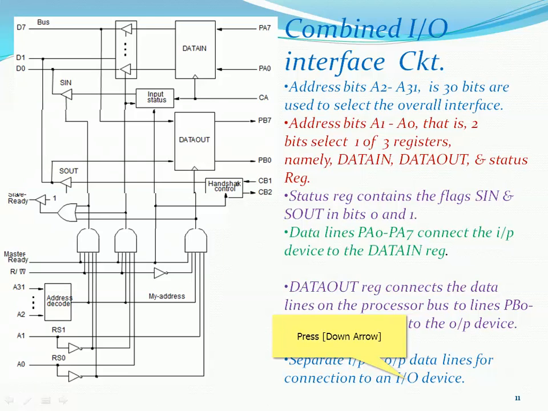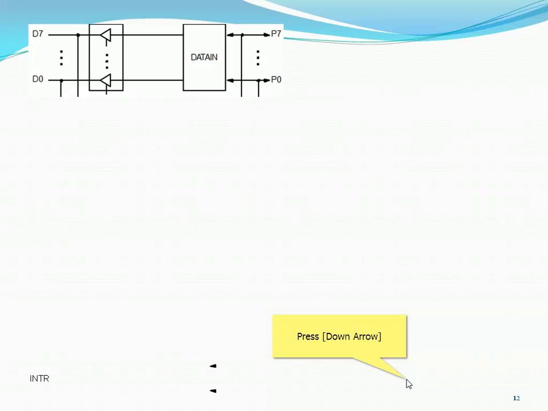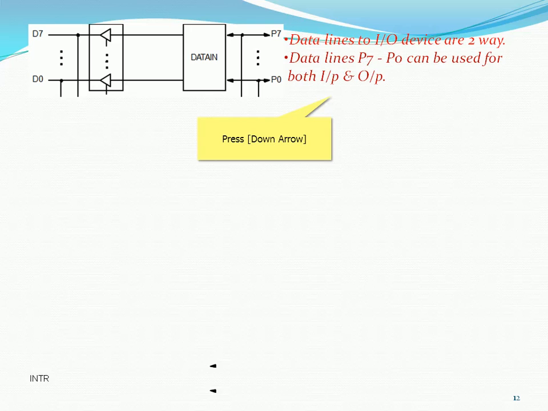So there are separate input and output data lines for connection to IO devices. The data lines are separately identified for input and output. Continuing, there are 8-bit data lines, the device has two data lines, port 0 to port 7, which can be used as input and output.